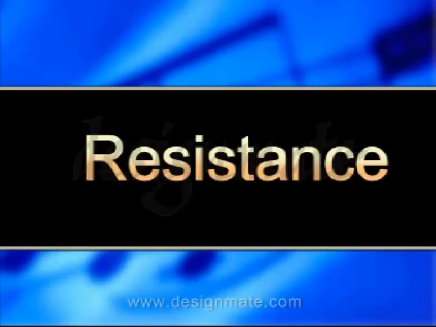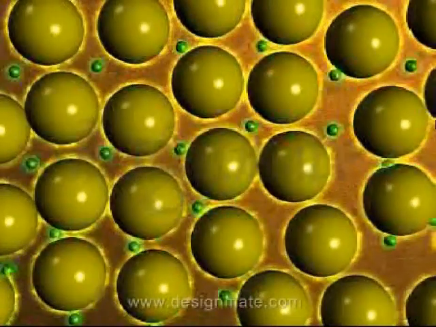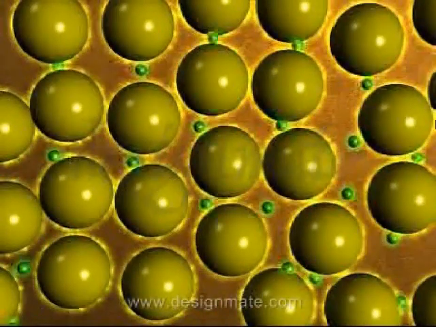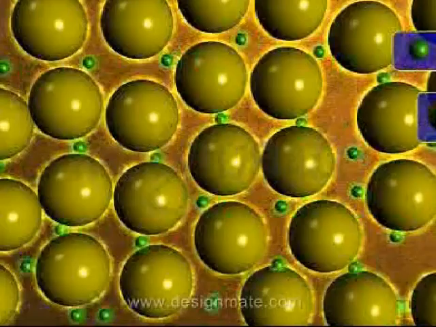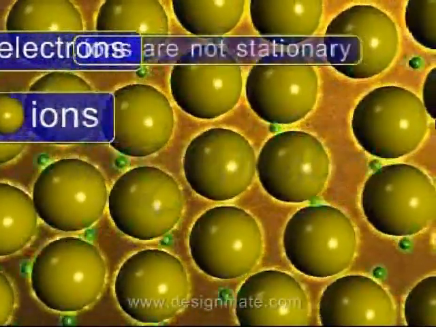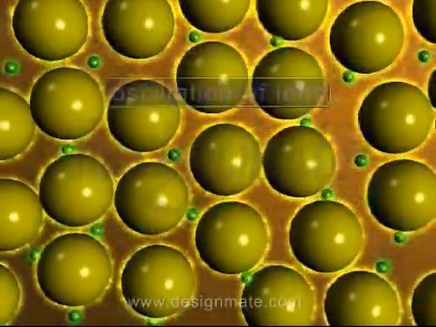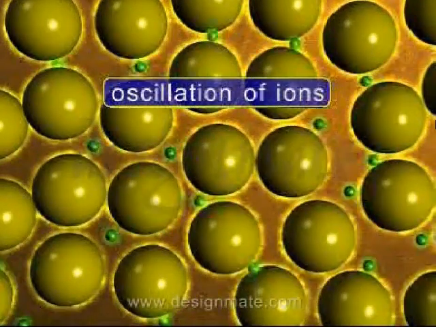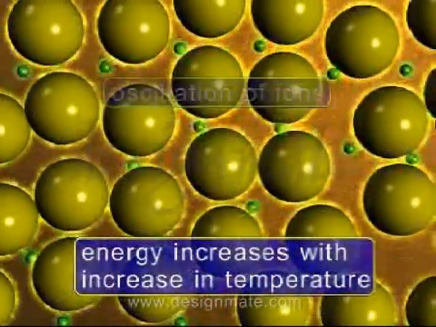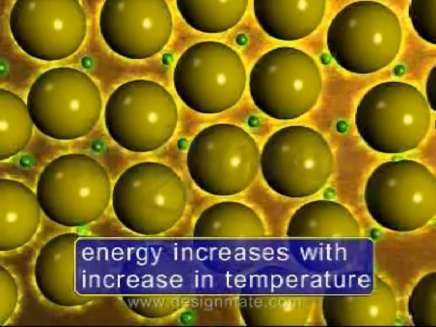Resistance. We refer to the term random collisions between the drifting electrons and the ions located at lattice points. Actually, the ions are not stationary but execute an oscillatory motion about their mean positions, the energy of which increases with the increase in the temperature of the conductor.